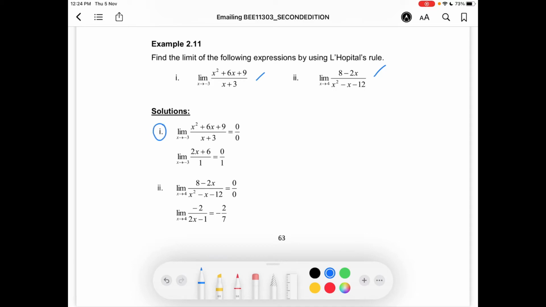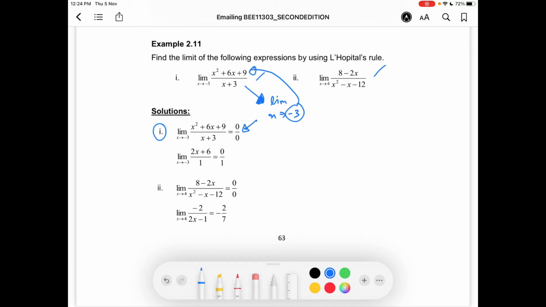If you notice, we have x squared plus 6x plus 9 over x plus 3. If you recall in chapter 1, if we directly substitute minus 3 into this, you will definitely get 0 over 0.